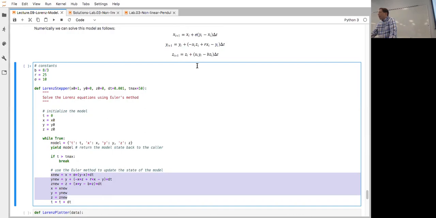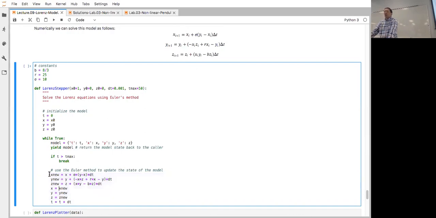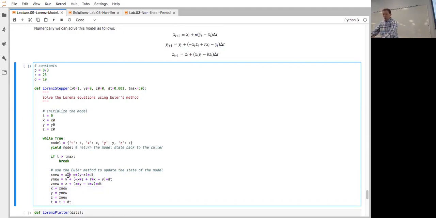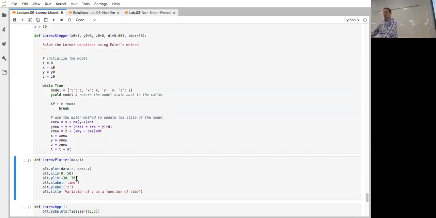So one way of getting around that is I create new variables called x new. This is the new value of x, the new value of y, the new value of z. These are all the old values. And then when I've updated them, I swap them in. The old value of x is now the new value of x. And repeat the loop.